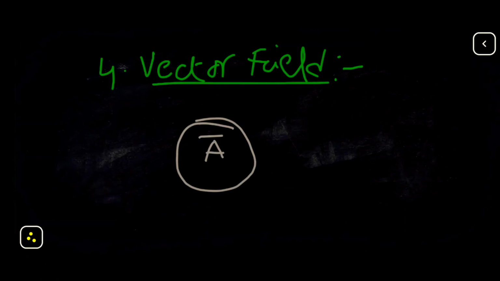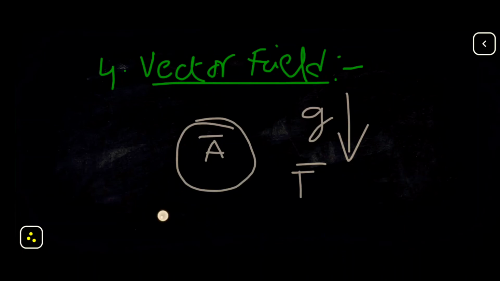The gravitational force on a mass in a space is a vector field. This force has a value at various points in a space and always has a specific direction. Force is a vector, we know, hence it is a vector field.